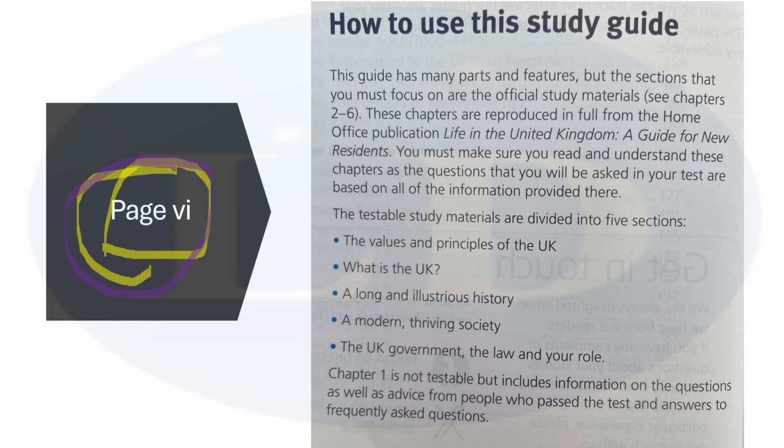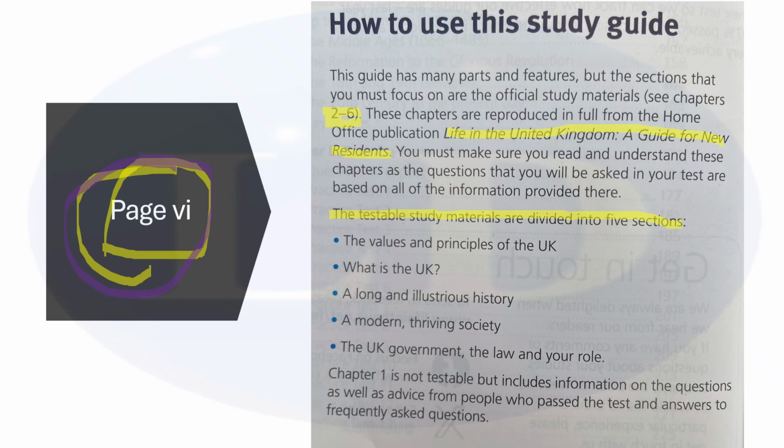This guide has many parts and features, but the sections you must focus on are the official study materials. See that I said chapter 2 to 6. These are the important bits. That's the name of the book, which we already know: Life in the United Kingdom, a guide for new residents. The testable study materials are divided into 5 sections.